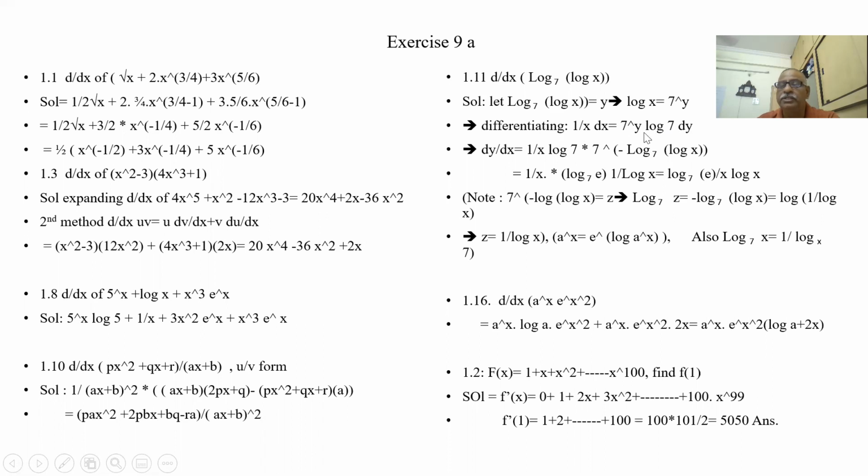A to the power of x log a, so 7 to the power of y log 7 dy. So dy by dx is equal to 1 by x into log 7 into 7 to the power of y. So we know y is log x base 7.